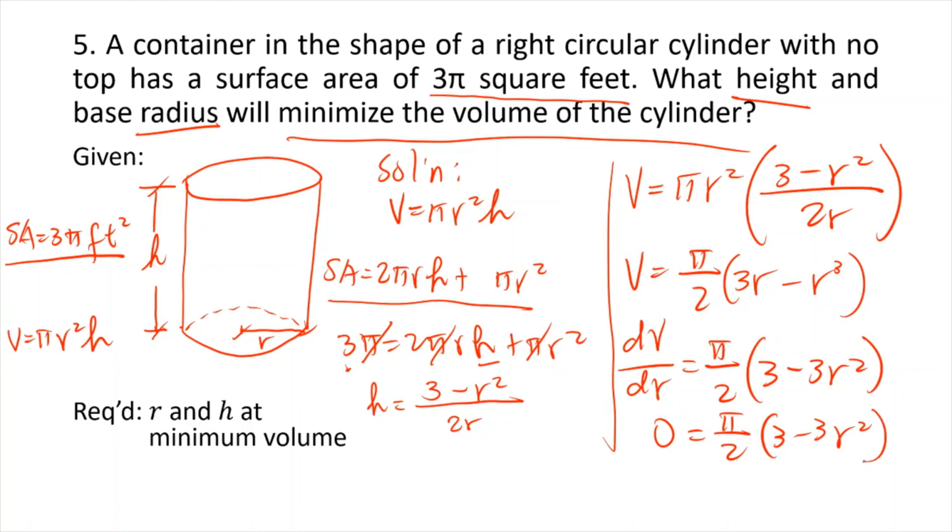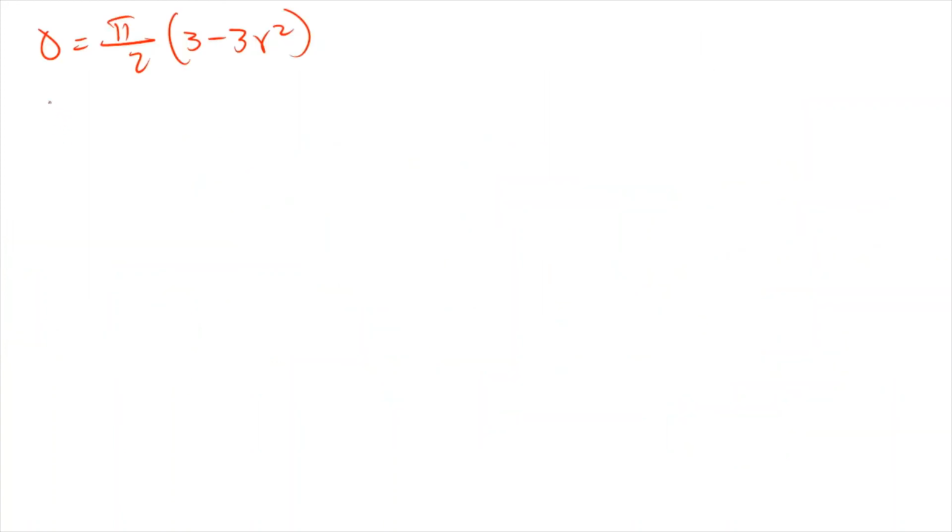Divide both sides by pi over 2, so we can get rid of this factor. We'll be left with 3 minus 3r squared. So we can transpose negative 3r squared. 3r squared equals 3.